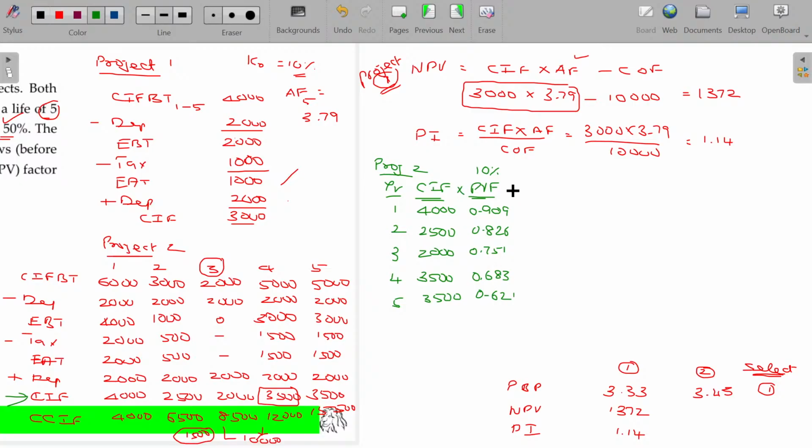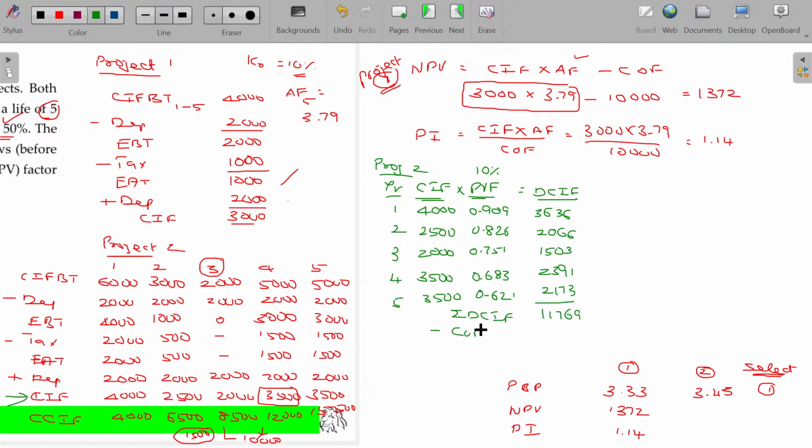If you multiply these two, you will get discounted cash inflow. Discounted cash inflow in this case being 3,636 in the very first year, next year 2,066, third year 1,503, then 2,391. The last year 2,173. Overall value being 11,769. This is the summation of discounted cash inflow.